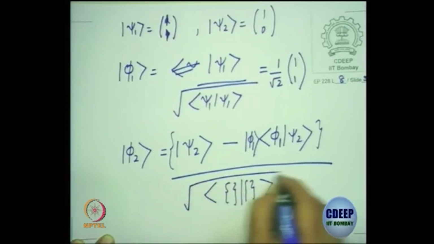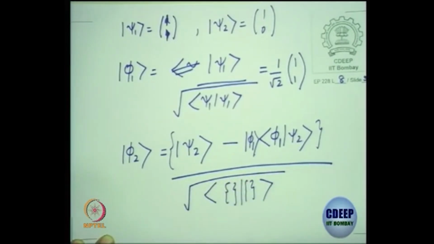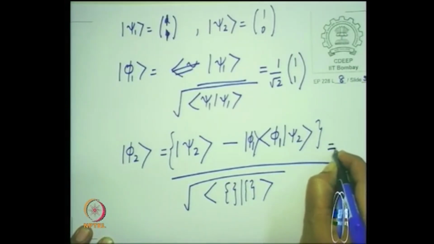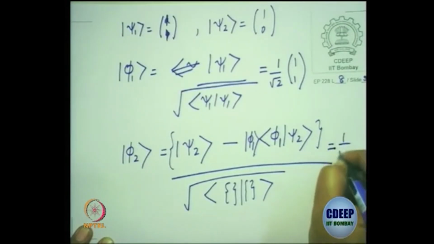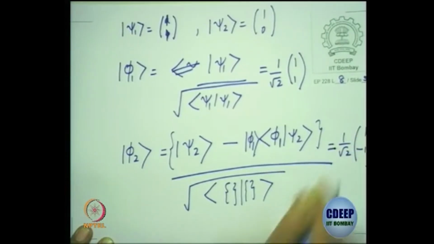And then take the square root, and you should get the phi 2. What do we expect here? We will get 1 by root 2. That's what I expect. Can you please do this algebra and check?